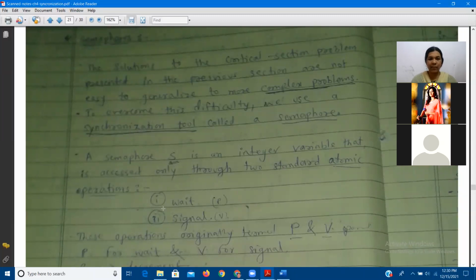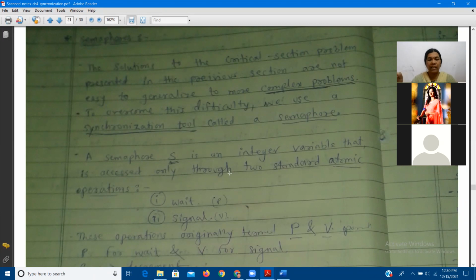It is the variable, and it is accessed through two standard operations, and these operations are atomic, that is, they get executed atomically. The names of these two operations are wait and signal. The wait operation is also called the P operation, and the signal operation is also called the V operation. These are the names given by the authors. The wait operation is also called the P operation.